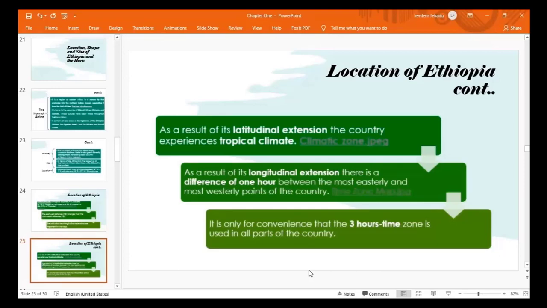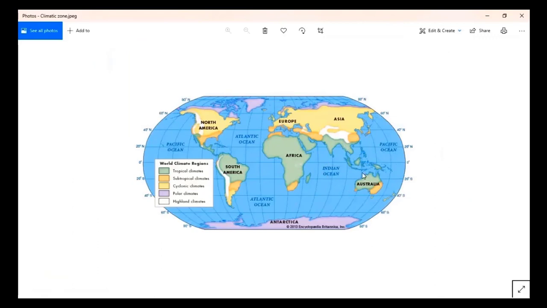That means as a result of its latitudinal extension, Ethiopia experiences tropical climate, which means Ethiopia is found in the tropical climate zone. So we can see from the map the latitude degree is from 3 to 15 degrees.